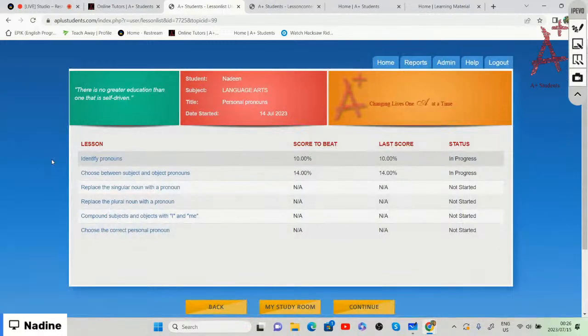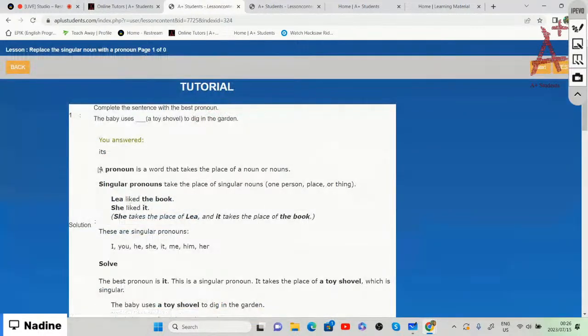So now we're going on to replacing the singular noun with a pronoun, right? And remember, singular refers to one person, place, or thing. So in this lesson, we are going to replace the singular noun with a pronoun. And once again, a pronoun is a word that takes the place of a noun or nouns, right?